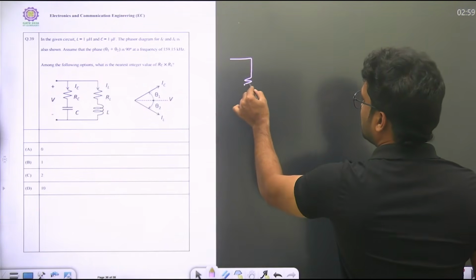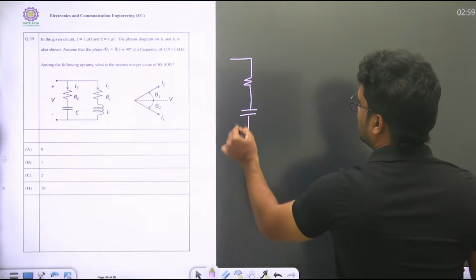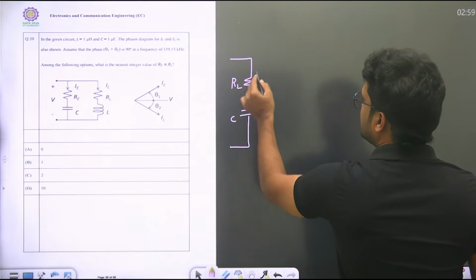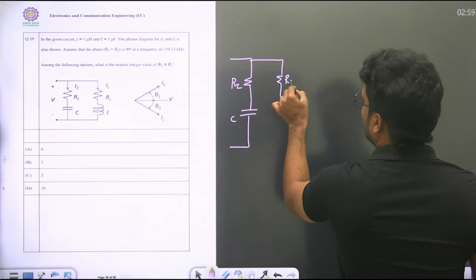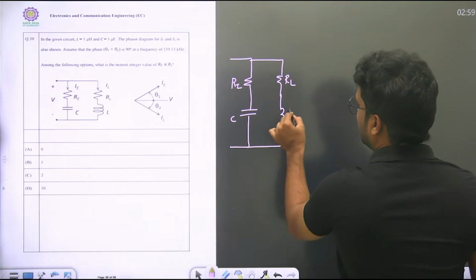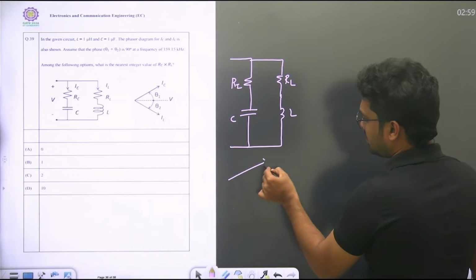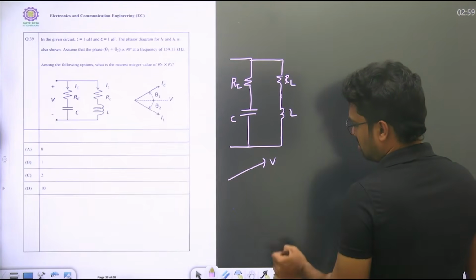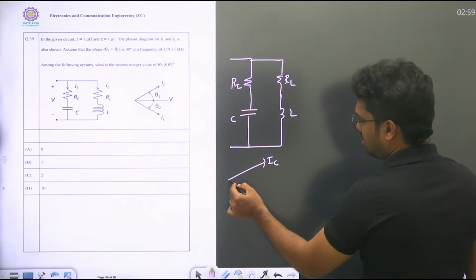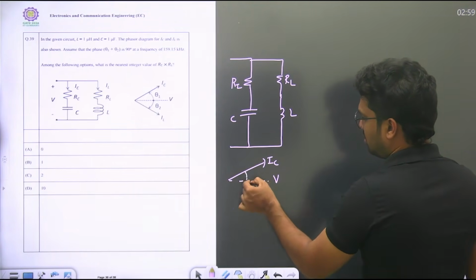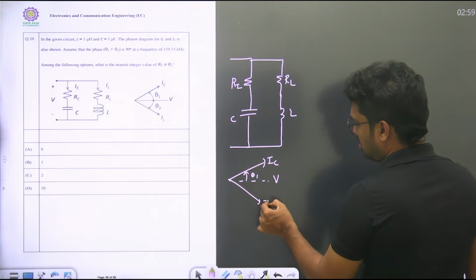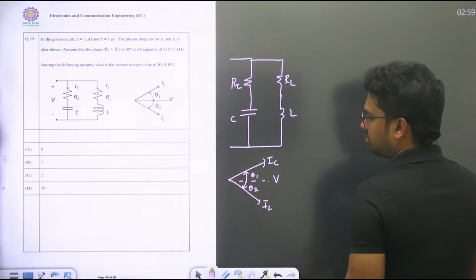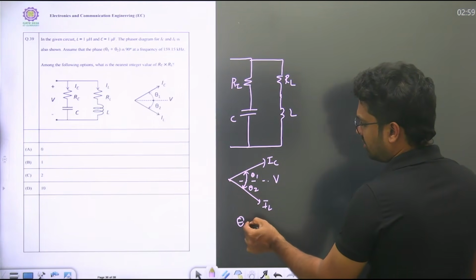RL, C, RC and C. This one is RL and L. Now the examiner is asking about V, IC at angle theta 1, and IL at angle theta 2. What is theta 1 plus theta 2?